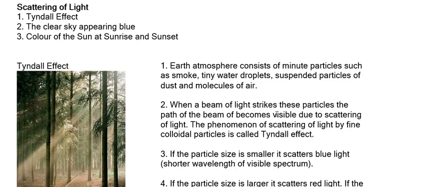The Earth's atmosphere consists of minute particles such as smoke, tiny water droplets, some suspended particles of dust, then molecules of air. All this put together is called atmosphere. When a beam of light strikes these particles, the path of the beam of light becomes visible due to scattering of light.